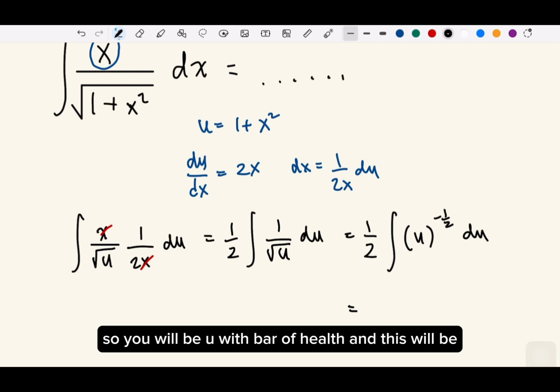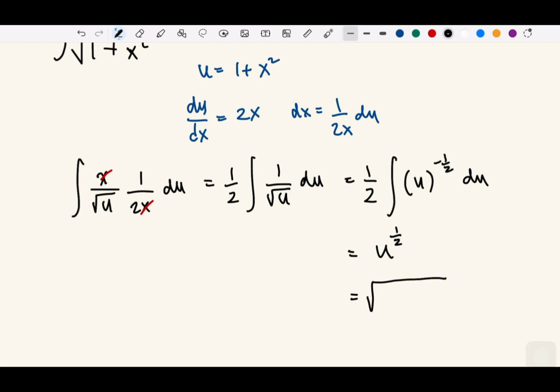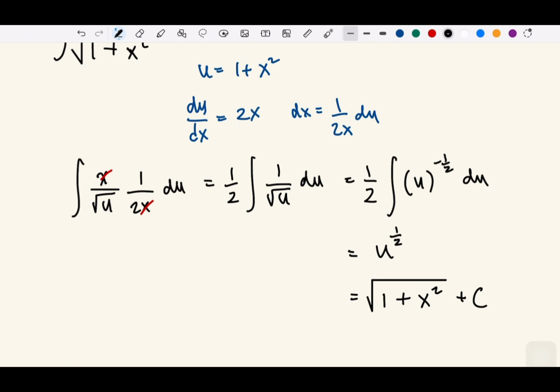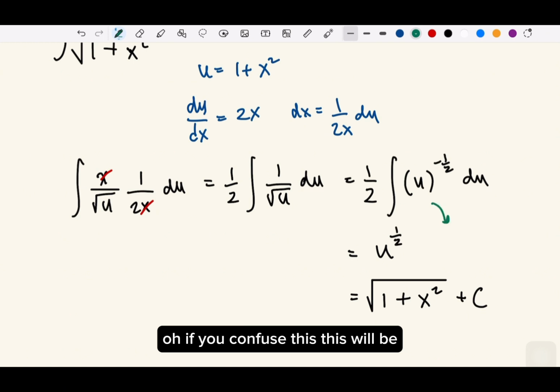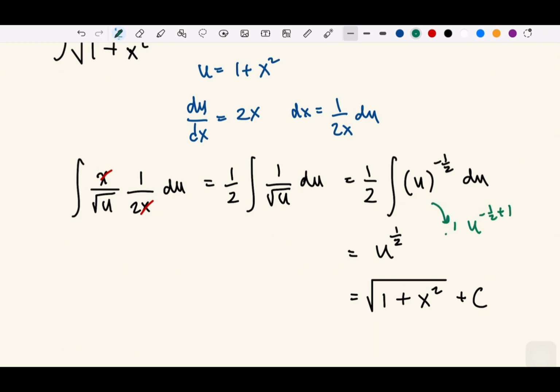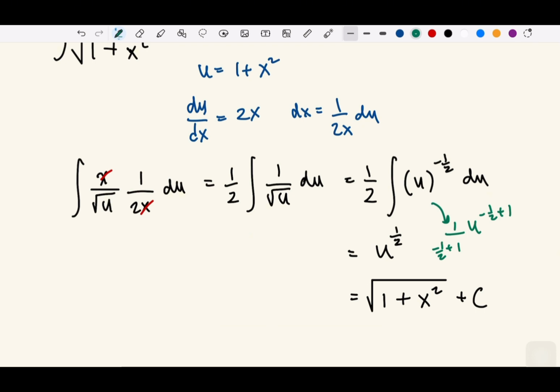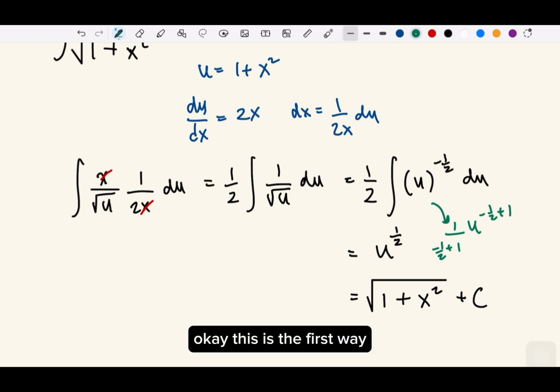So it will be u to the power of half, which is the square root of 1 plus x squared, plus c. Or if you are confused, negative half plus 1 half gives 2, and 2 by 2 cancels. Okay, this is the first way.